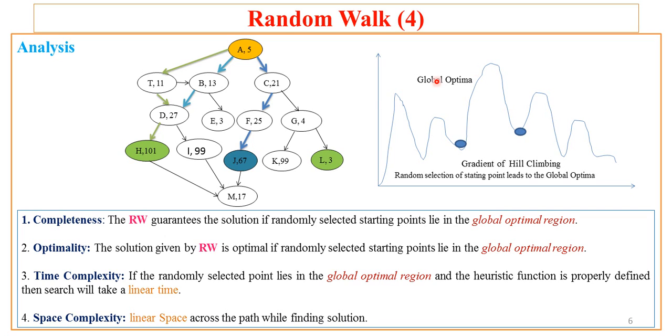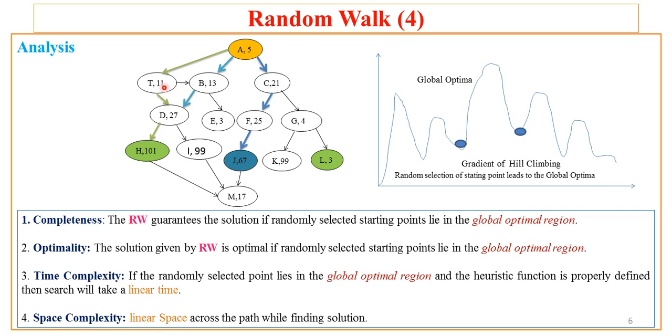So assume in our case this is basically 2 points, that is T and B. If we start with A, then T and B are the points which will lead to the global optima. In this particular graph, H is the point having the highest heuristic value, so I assume that this H is the global optima.